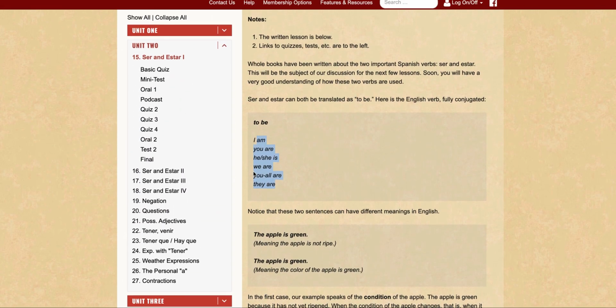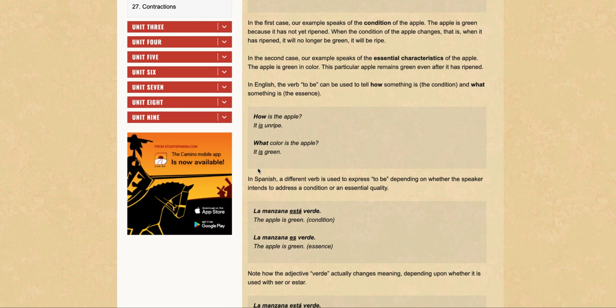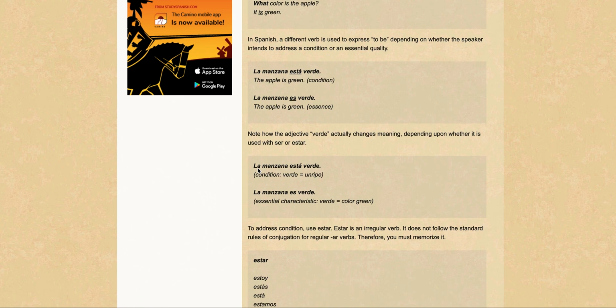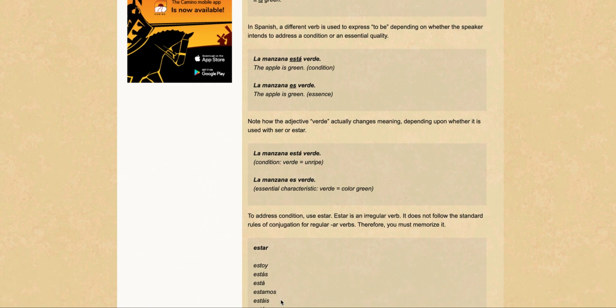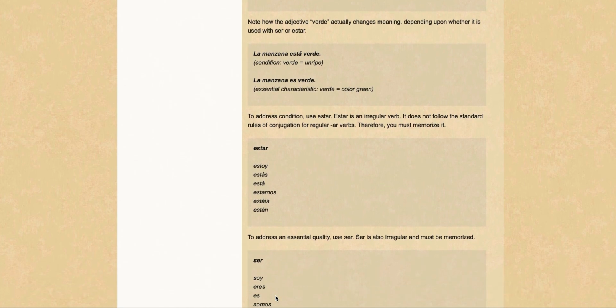The fourth one is we are. Normally it ends with mos, so in this case it is estamos, and for ser, it is somos. Not too hard, right?